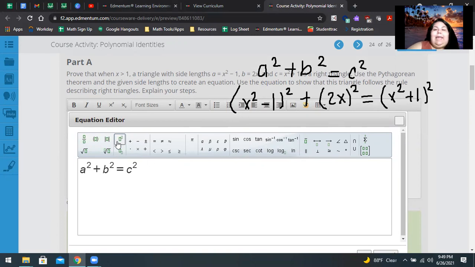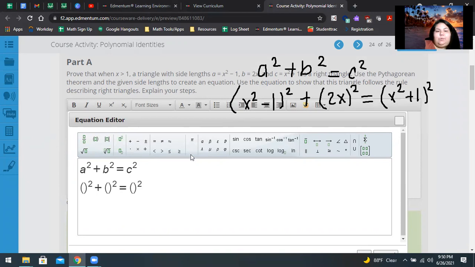Now, we already know what a, b, and c are. We're going to write out that second line. For me, it's always been a force of habit that I just write out the setup. Keep in mind, you're going to want to use these buttons to make it a lot cleaner. This has parentheses, and this is raised to the 2 power. So I'm going to fill in my a.